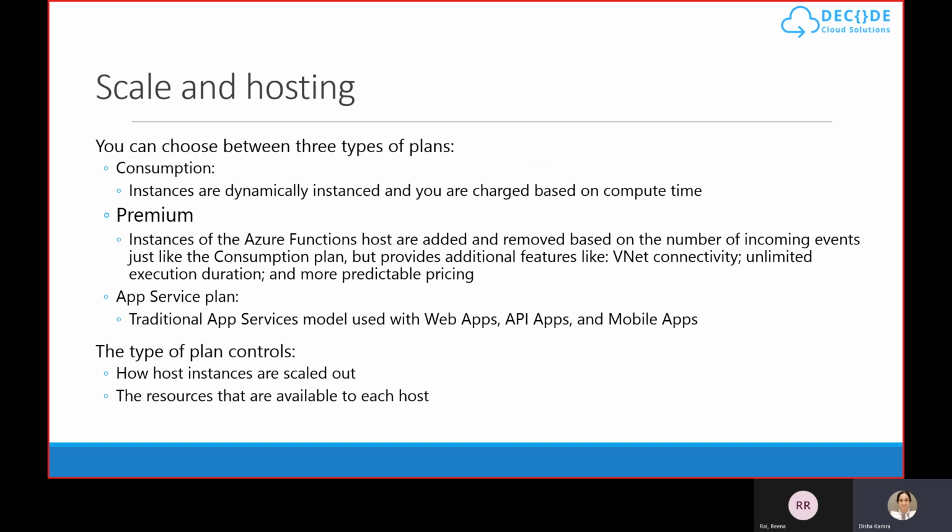So going deeper into there, when we talk about the scaling and hosting concept, even before we jump into these kinds of plans, when you create a function app in Azure, you must choose a hosting plan for your application. There are three hosting plans available under Azure Functions. One is the consumption plan, another is the premium plan, and the third one is the App Service plan.